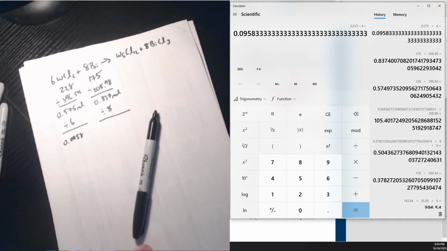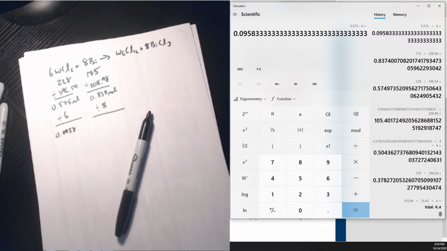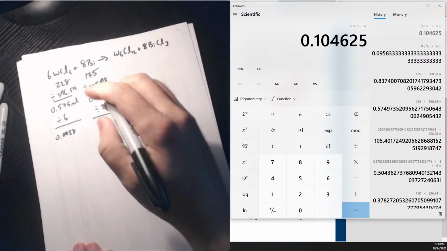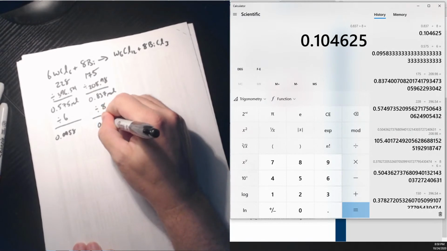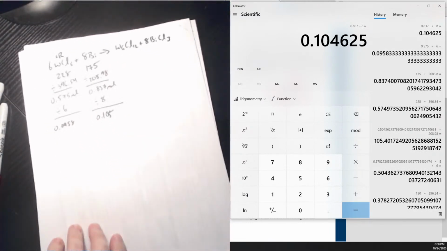Hold on a moment, goodness. Ooh. Oof. Sorry about that. Snuck up on me. And the other one is 0.837 divided by 8, 0.105. So yes, the tungsten hexachloride is our limiting reactant.